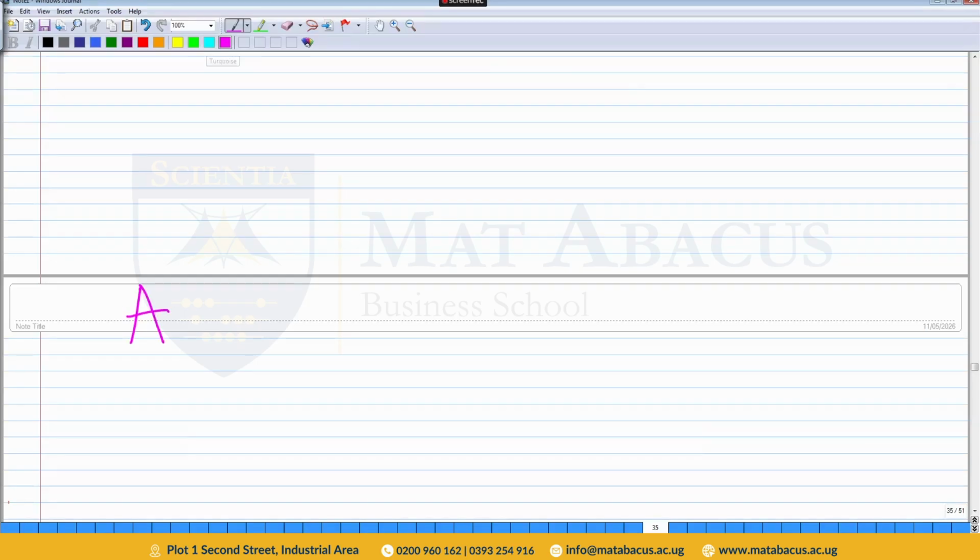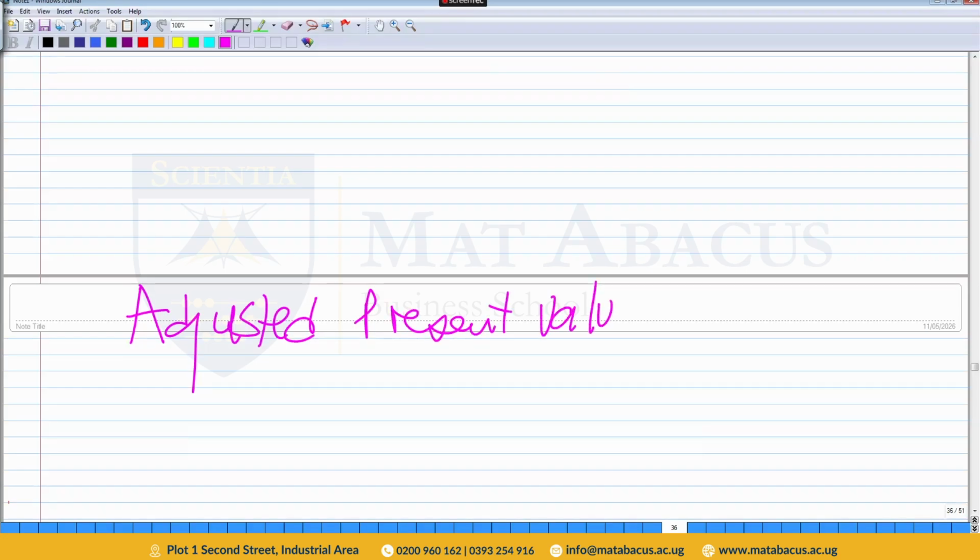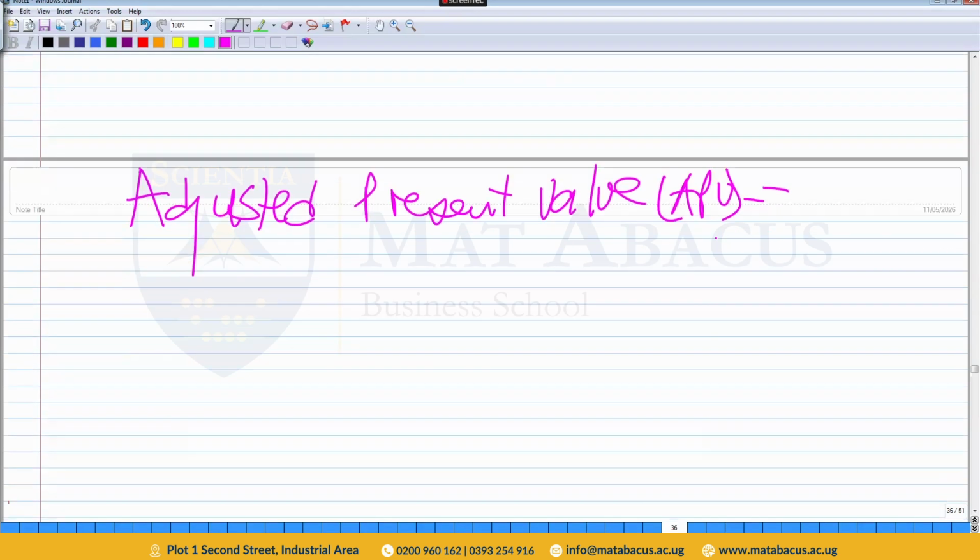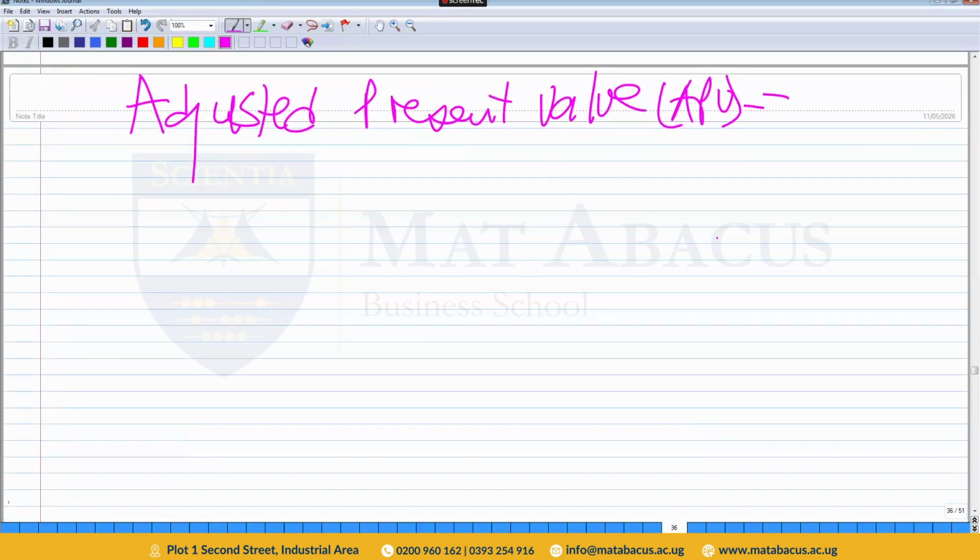And therefore, once you go and conclude, you should be able to say our APV, adjusted present value. I'm concluding adjusted present value, APV, is going to be, then you assemble your results. You should be able to tell us the best case NPV, which we didn't conclude.